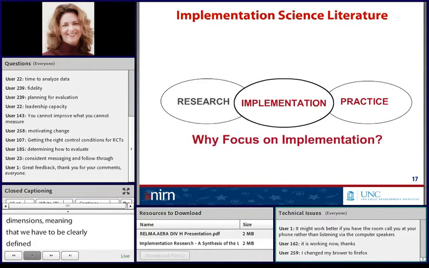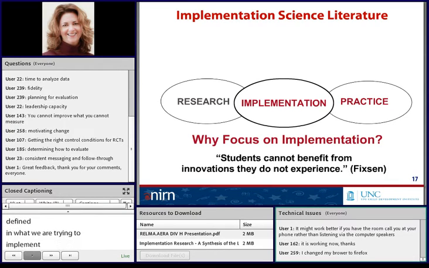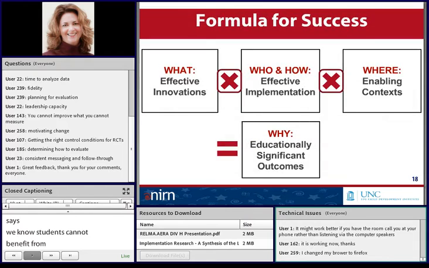Why focus on implementation? As my good colleague and mentor Dean says, we know that students cannot benefit from innovations or interventions that they do not experience. So Dean and Caryn and the colleagues here at NERN, based on a meta-analysis synthesis of the implementation research literature, drawing from many different fields, manufacturing, public health, child welfare, education, and so on, as well as their own research, have identified a formula for success.